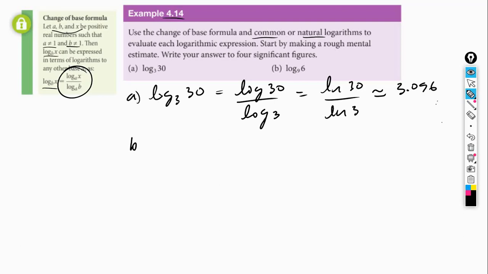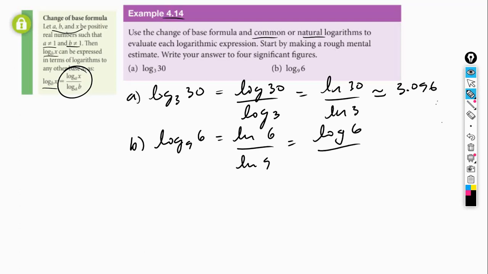For letter B, we have log base 9 of 6, which we can rewrite as the natural logarithm of 6 divided by the natural logarithm of 9, or if you prefer, log of 6 divided by log of 9. And they both should give you approximately, well, we didn't do the guesstimate.